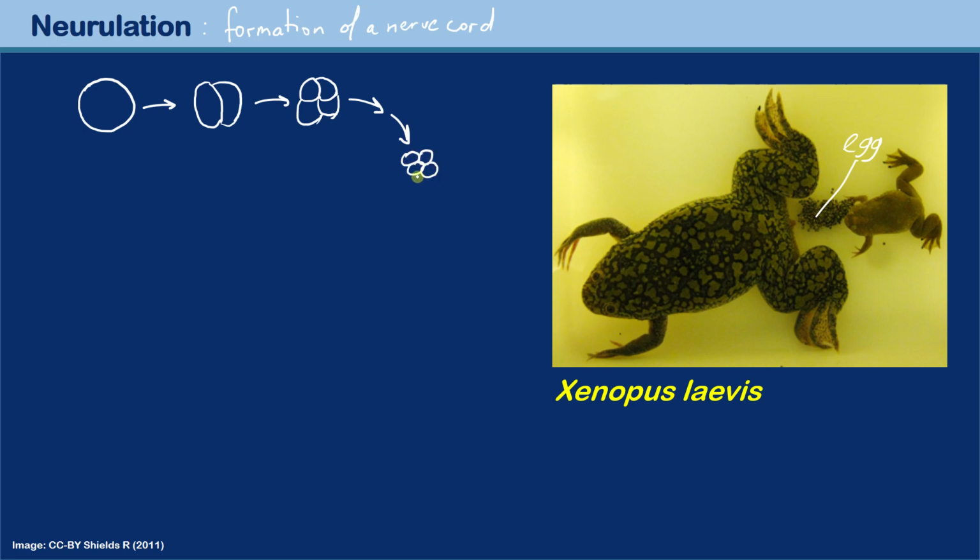This ball of cells is called a morula. It's not so important right now, but that's what we call it. Then the division continues further until we have a hollow ball of cells. I'm going to make a cross section so that you see what I mean, with the cells on the outside.